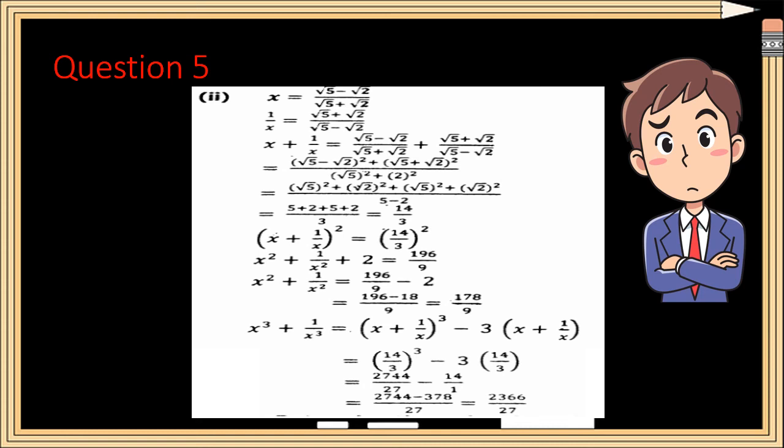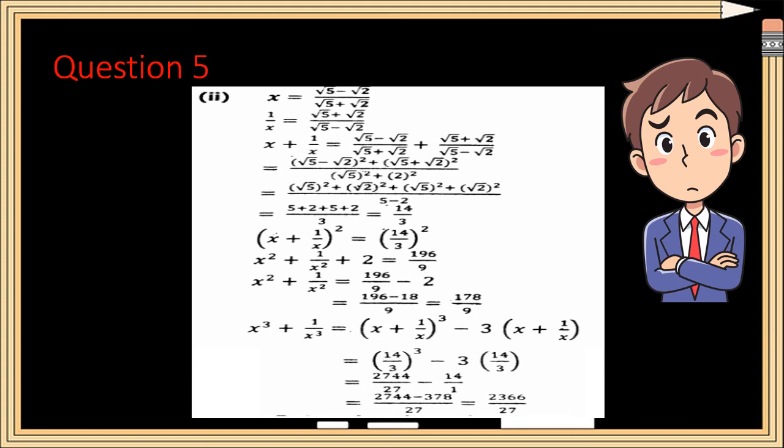So (x plus 1 over x) whole squared can be written as (14 by 3) whole square, which will give you x square plus 1 over x square plus 2ab. Here ab is x multiplied by 1 over x, so x will cancel the x present in the denominator, so you will only get 2.